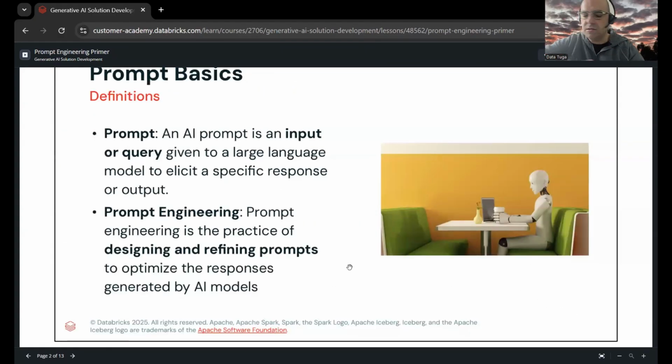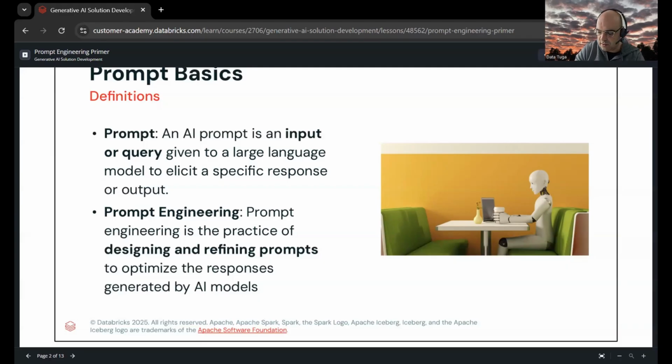I'm just going to take some notes on paper about this course. About prompt: it's an input or query, normally in natural language.